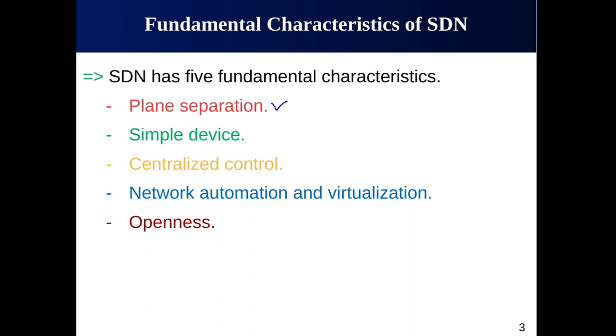The fundamental actions that are performed by the forwarding plane are whether the packet is going to be forwarded, or dropped, or maybe consumed or replicated. So all these are the actions that are actually performed by the forwarding plane.